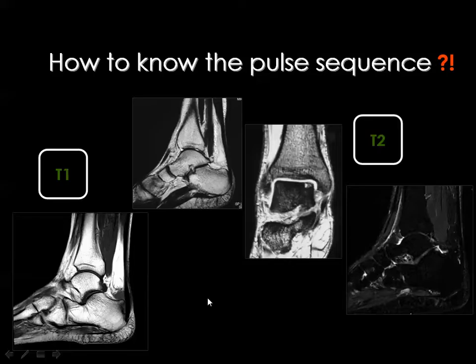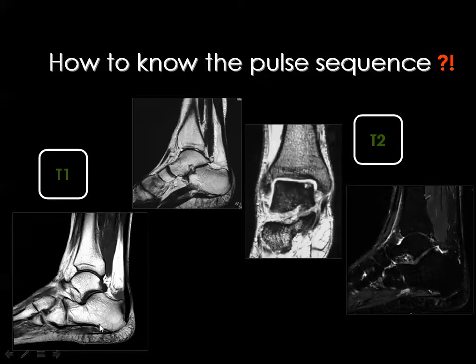Then, in order to know the pulse sequence, you should look for fluids. If the fluids are black, this is T1; if the fluids are bright, this is T2. But if no fluids are present in the image, like in this ankle joint, if there is no joint effusion, then you can use the fat for judgment of the pulse sequence.